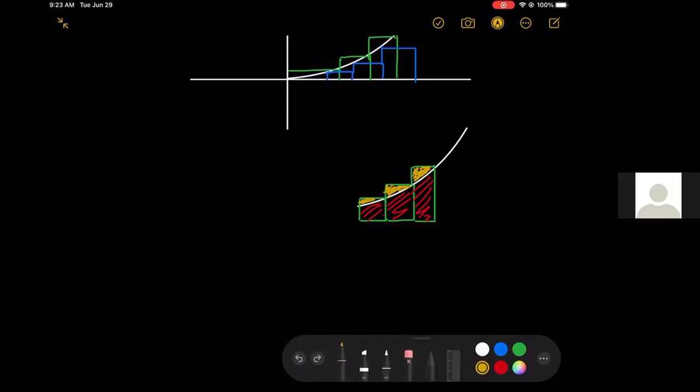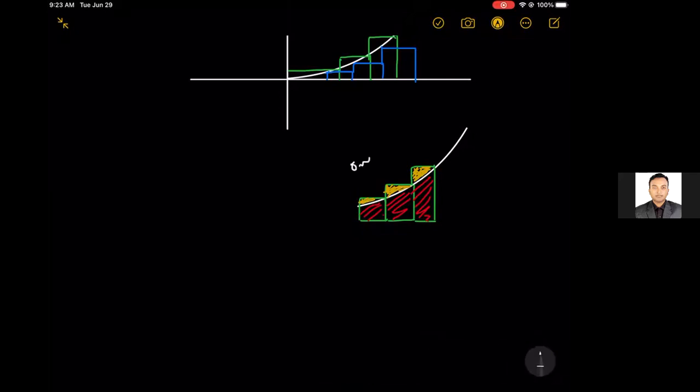Okay, so that means we say that we are overestimating. This is an overestimate. Do you agree? Because you can see this additional part, yellowish part, is actually over the curve. It's not under the curve, which we're trying to find.